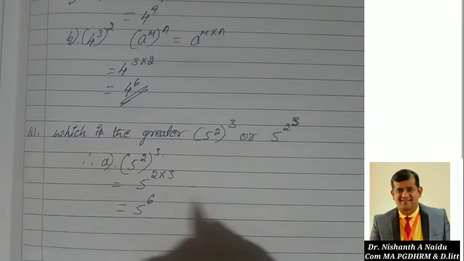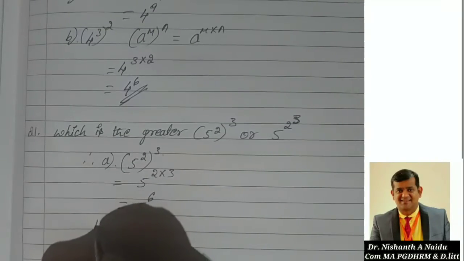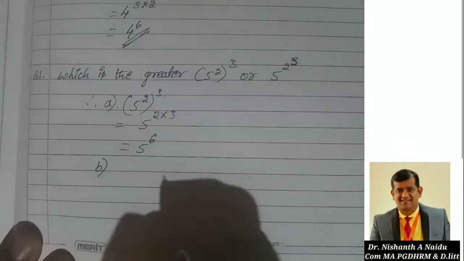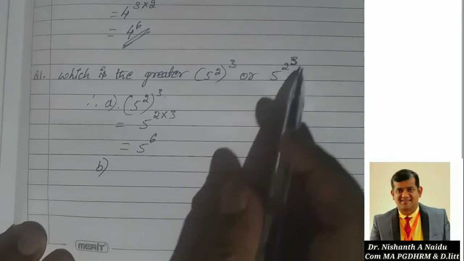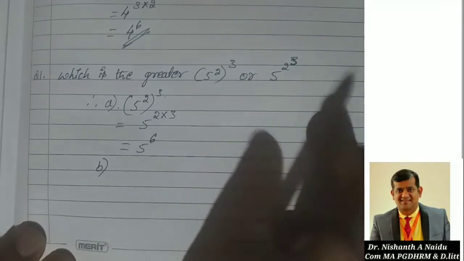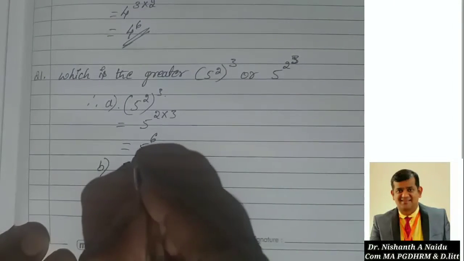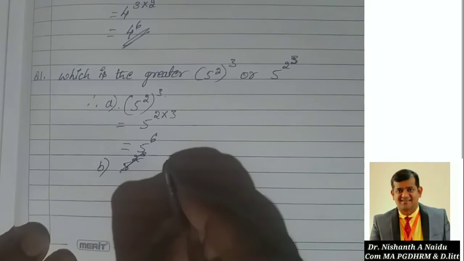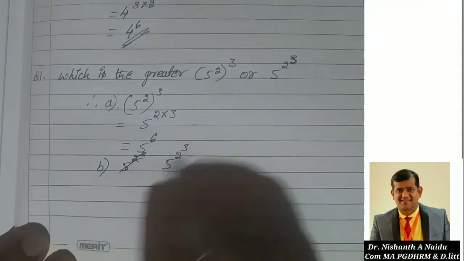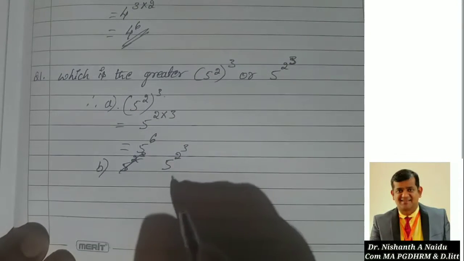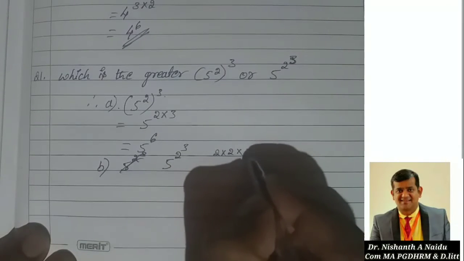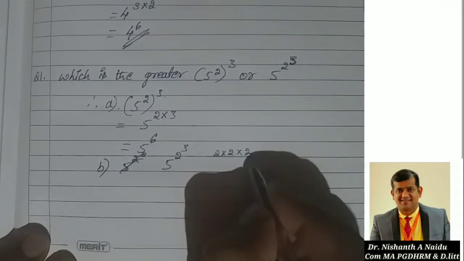So for B, what is the question they have given? 5 to the power 2 to the power 3. So 2 should be multiplied by 3 times, that is 2 into 2 into 2. 2 2s are 4, 4 2s are 8.